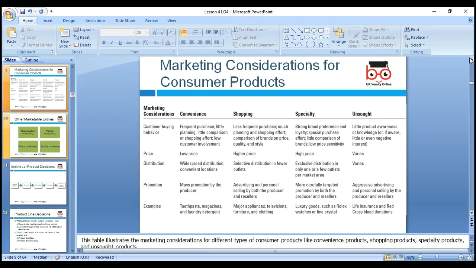So convenience products: frequent purchase, little planning, little comparison, little shopping effort, low price, and a wide spread of distribution.